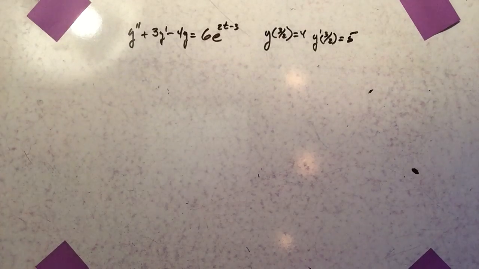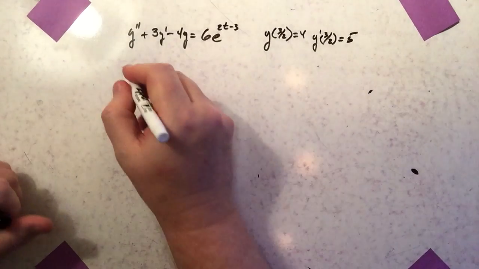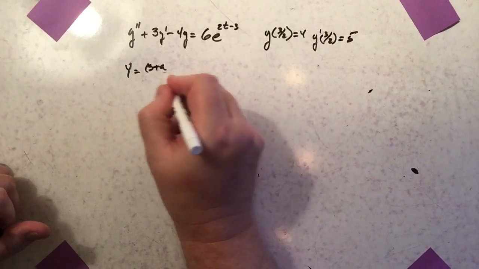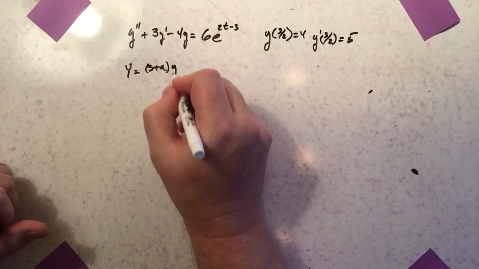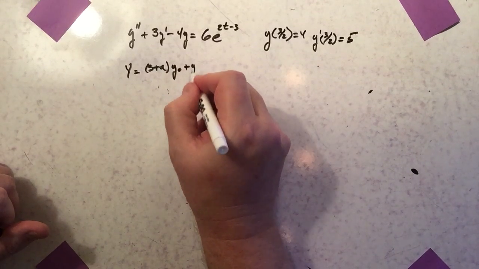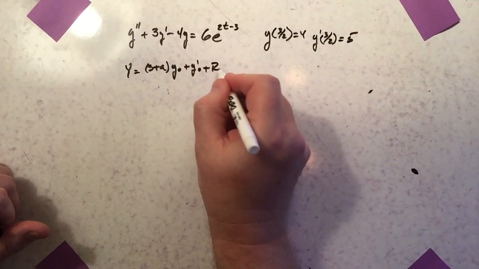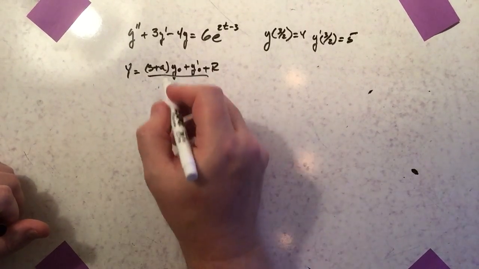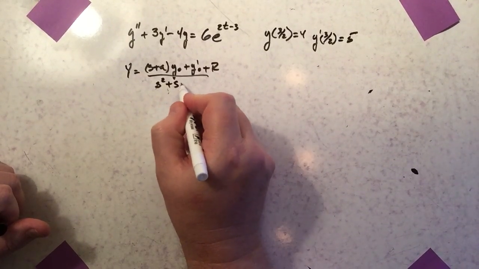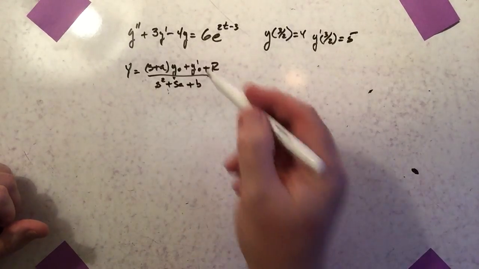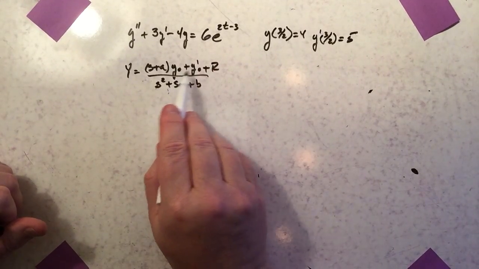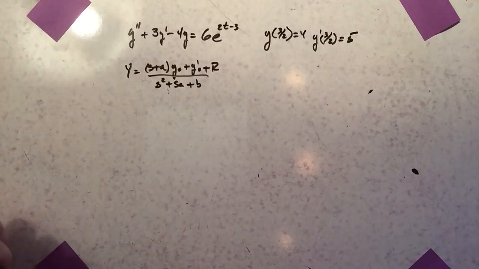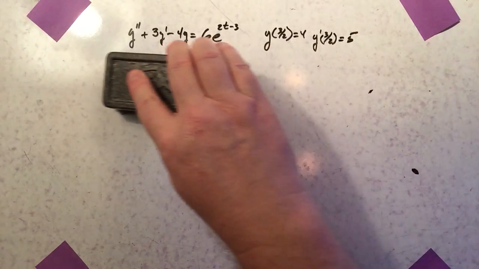Well, those initial conditions are problematic because the equation we want to plug this into, remember, is that Y is equal to s plus a times the quantity y naught plus y prime naught plus r, the Laplace transform of little r, and then that whole thing is divided by s squared plus sa plus b. We can't plug in these two initial conditions if they're not at 0, and these are not at 0. So let's go through the process of making them at 0 before we plug them in here.